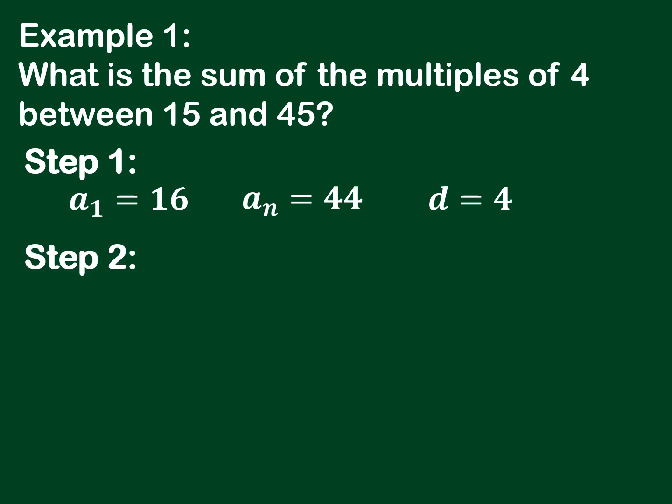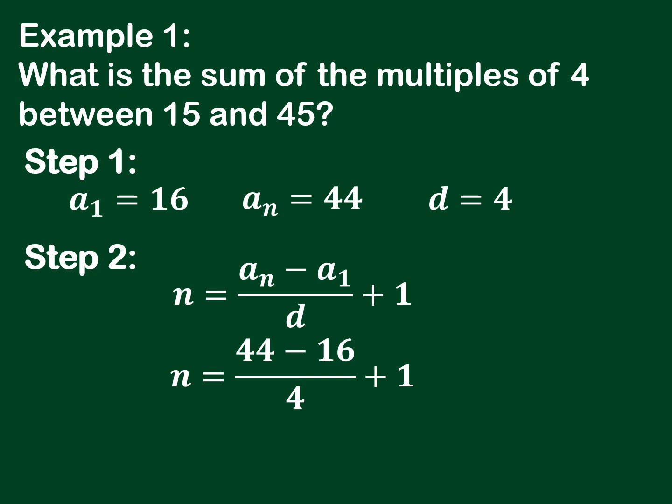Next, step 2, we will use the formula n equals a sub n minus a sub 1 all over d, plus 1. So we're going to substitute now the values of a sub 1, a sub n, and d in the formula, and we have n equals 44, that is the value of a sub n, minus 16, that is the value of a sub 1, all over 4, that is the common difference or the value of d, plus 1.